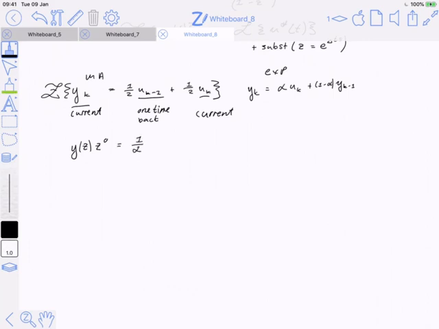And I'm going to end up with a half, because remember, the Z transform is a linear transform, so we expect constants to kind of fall out of the transform. I'm going to end up with u of z times z to the minus 1, because that's 1 time step in the past. Plus another half times u of z.